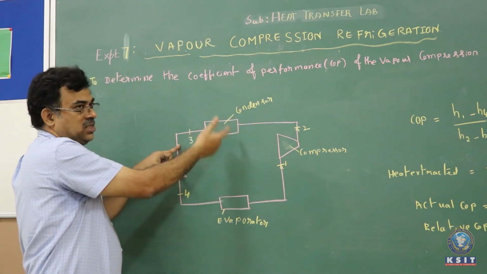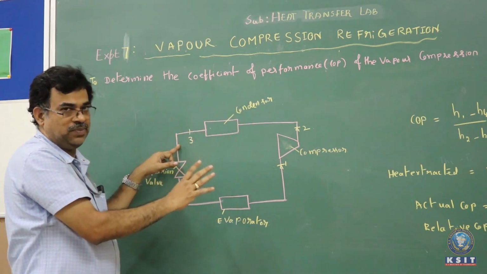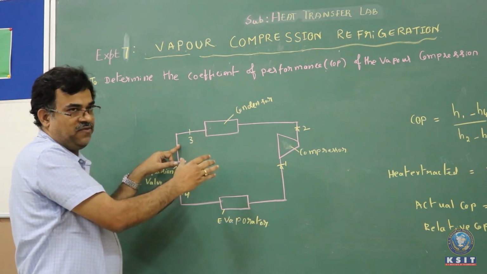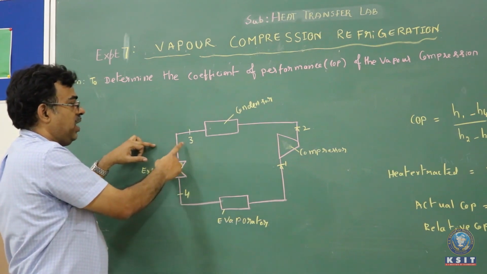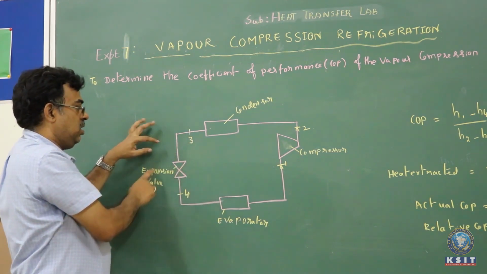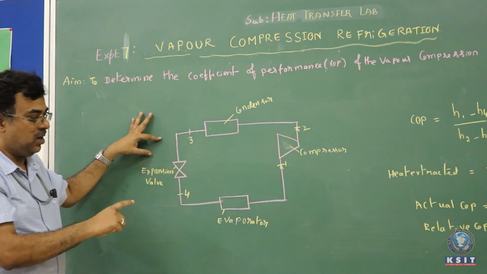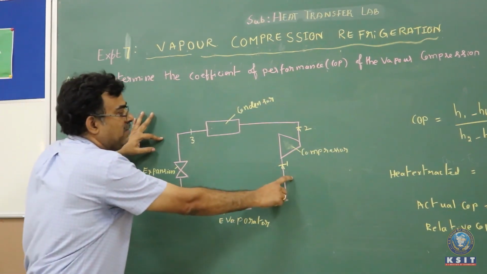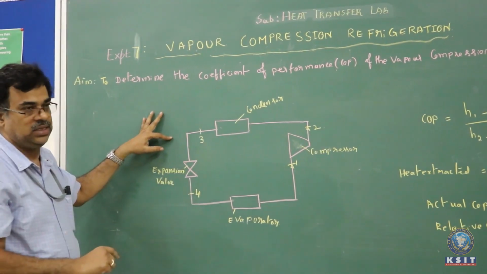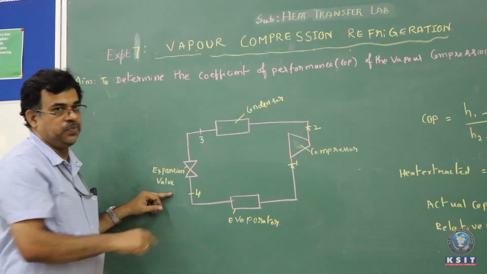When the heat is rejected, the temperature of the refrigerant decreases in the condenser. After exiting the condenser, it is at high pressure, and compared to T2 the temperature will be less. Then it enters the expansion valve.